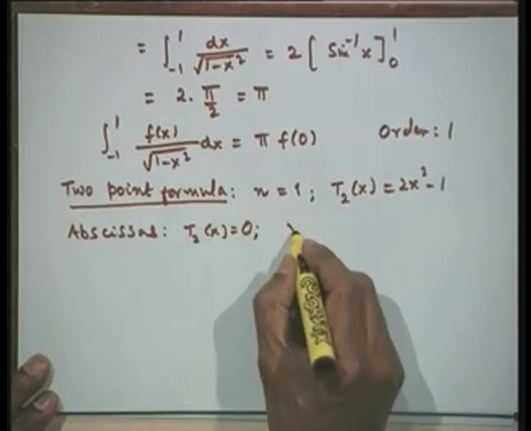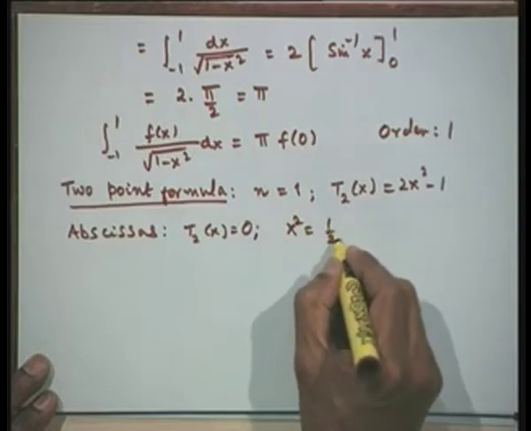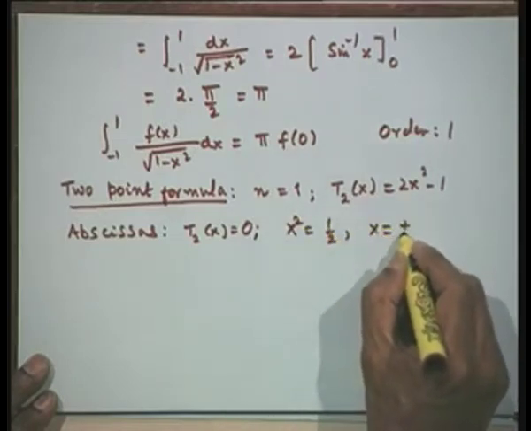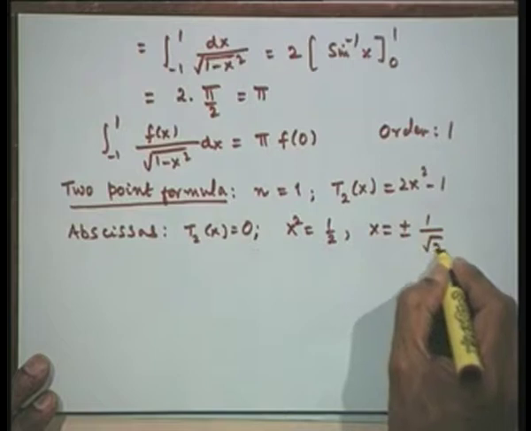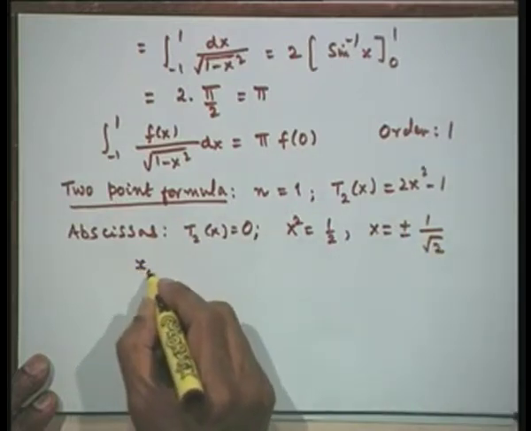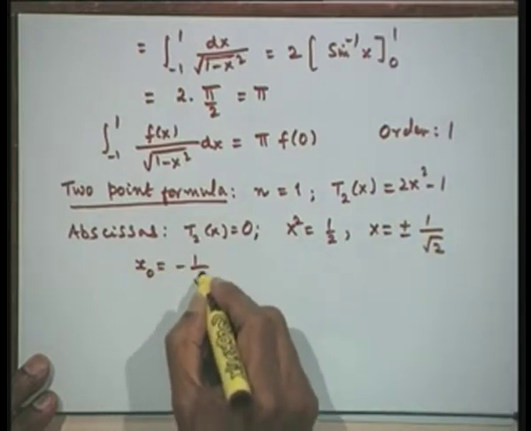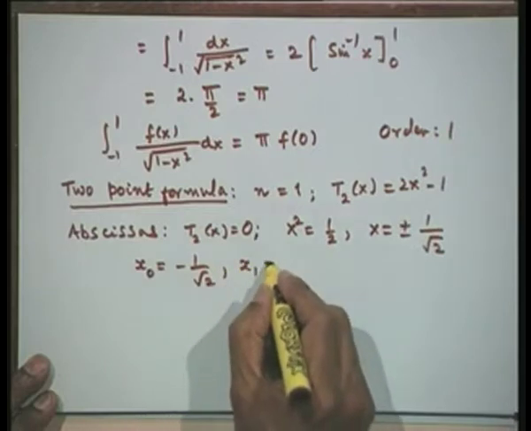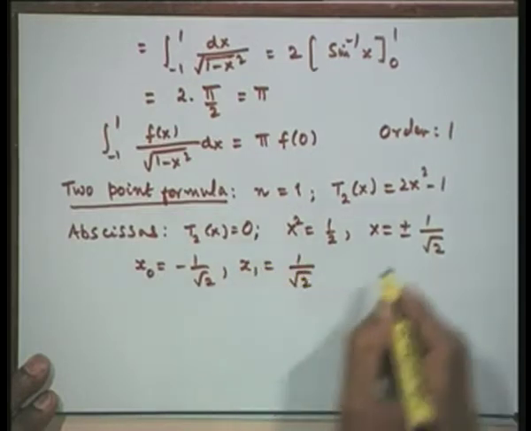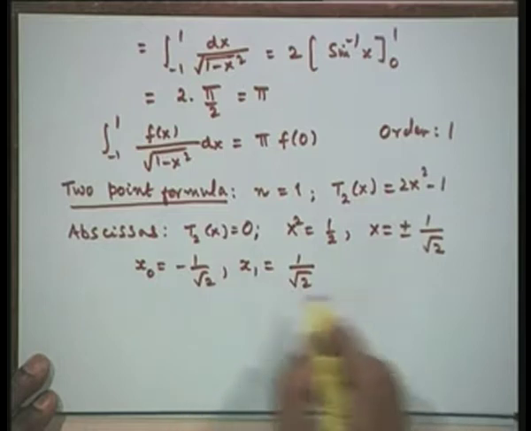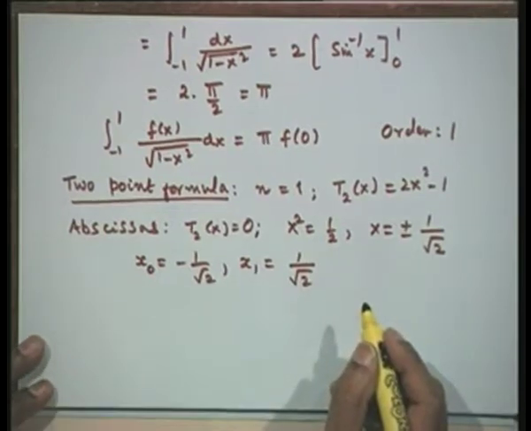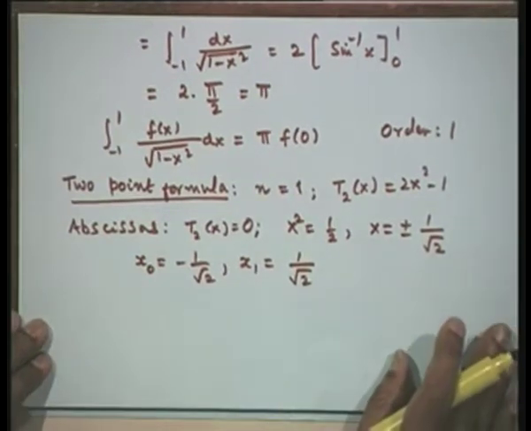Therefore, I would get here x square is equal to half. Therefore, x is equal to plus minus 1 upon root 2. So, let us choose our x 0 as minus 1 by root 2 and x 1 as 1 upon root 2. So, we choose the two abscissas as x 0 is minus 1 upon root 2 and x 1 is 1 upon root 2.